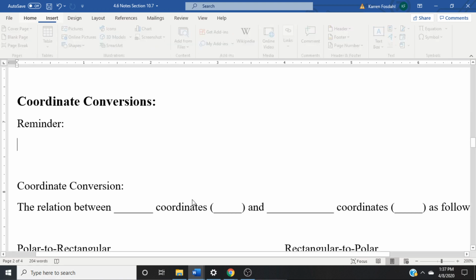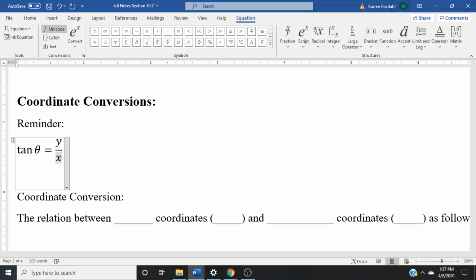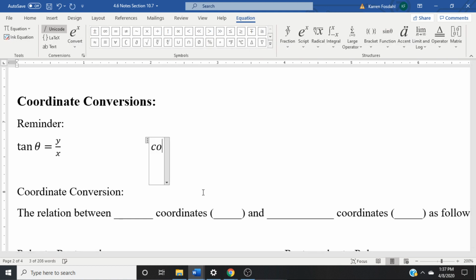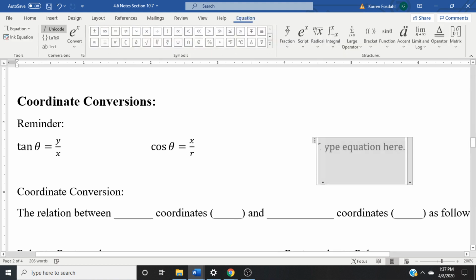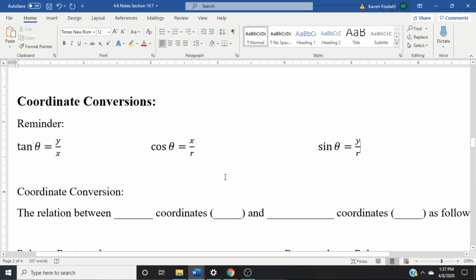First thing we need to remember is that tangent of theta is going to equal y divided by x, and that cosine theta is going to equal x divided by r, okay? And then that sine of theta is going to equal y divided by r, okay?